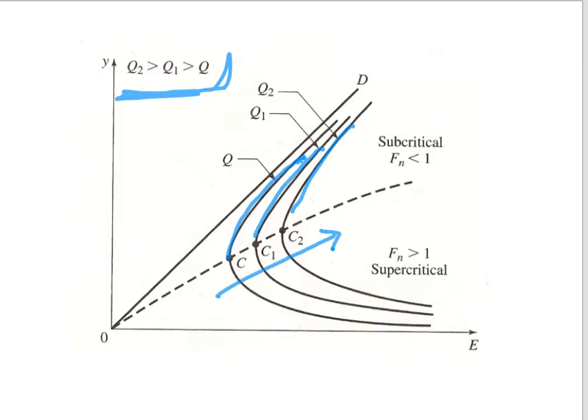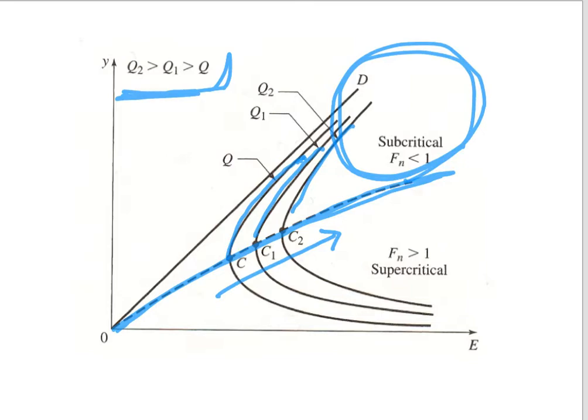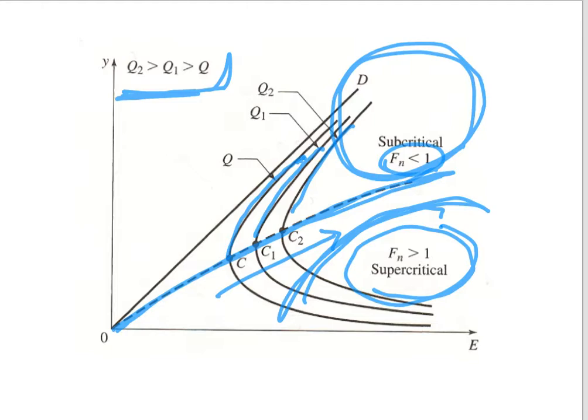This region is the subcritical region, where the Froude number is less than 1. However, the region here is called supercritical because the Froude number is larger than 1, and the hydraulic jump can occur in this situation. Normally the possibility of it occurring is very high.